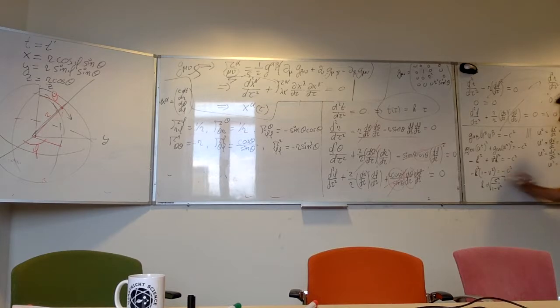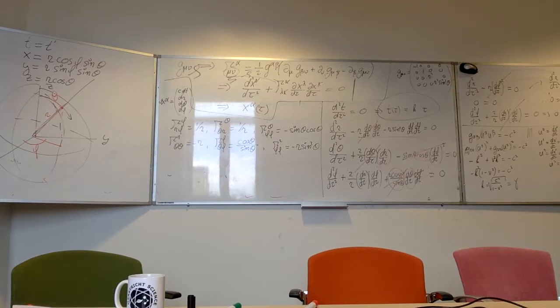Then you can divide both sides of the fraction by c squared. So the top is 1, and the bottom becomes... Oh wait a second. This should be a gamma, and it's close: 1 over the square root of 1 minus v squared.